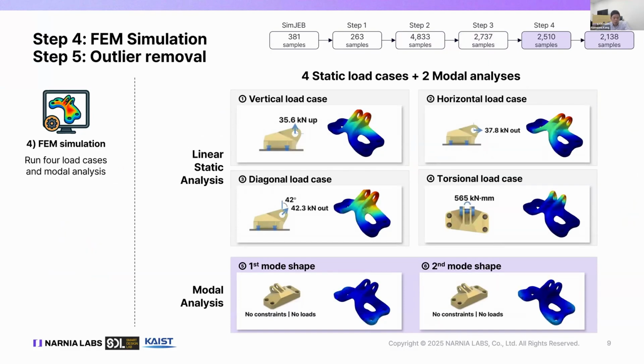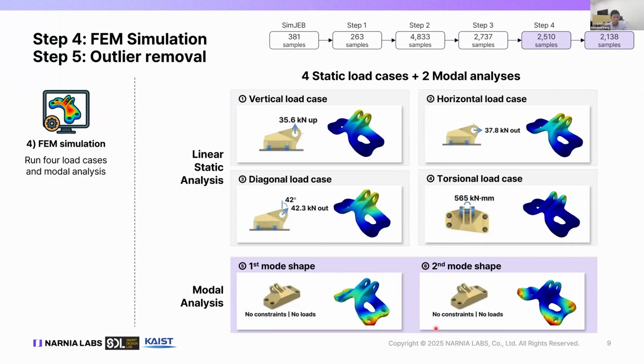Next, in step 4, FEM simulation, we established a fully automated pipeline to label the engineering performance of these shapes. We performed 4 linear static load cases: vertical, horizontal, diagonal, and torsional, as well as modal analysis to find natural frequencies.